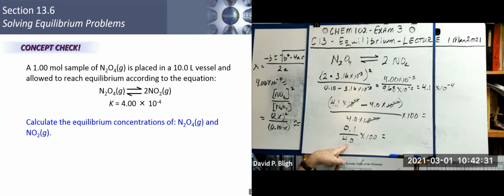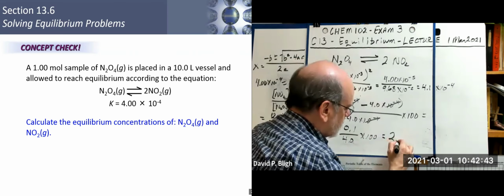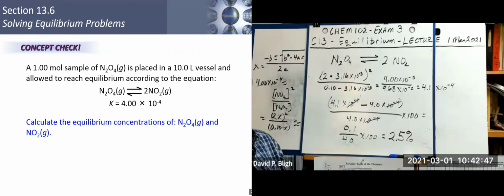So, well, let me just do it. I mean, I could do it in my head, but it is 2.5%. Okay. So that's less than 5% error. If you wanted to get closer, just take this expression and plug x in here, right there.